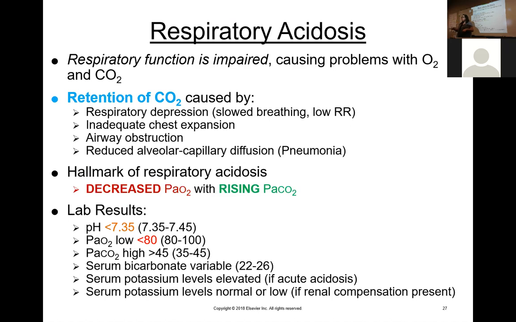A pneumonia, right? COPD. Oh, you guys are good. Yes. And also OSA, or obstructive sleep apnea, right? Can be an issue there. Good, good, good. I really love it. Hallmark of respiratory acidosis is you've got that decreased oxygenation in the blood, but you've got extra carbon dioxide in the blood, right? That's the acid that's causing the acidosis.